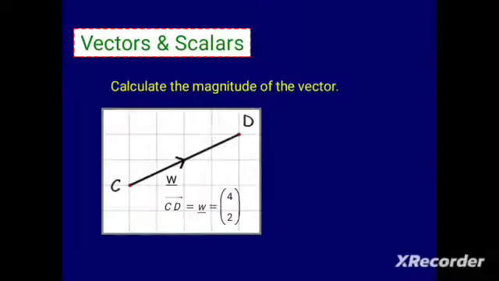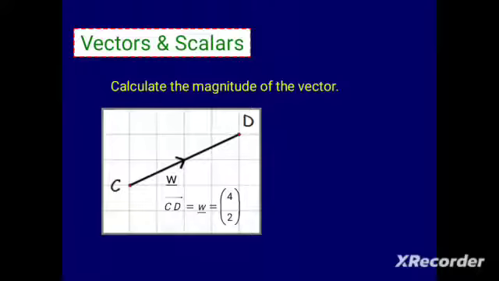So we can look at this example: calculate the magnitude of the vector. We have vector CD, which is the same as vector w. The coordinates of vector CD are 4, 2. Now we are supposed to calculate the magnitude of this vector.